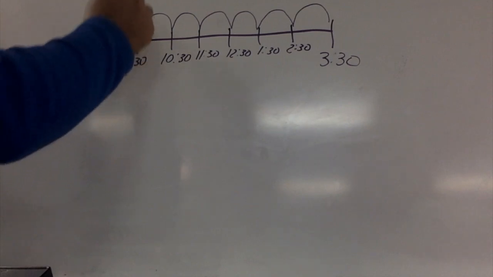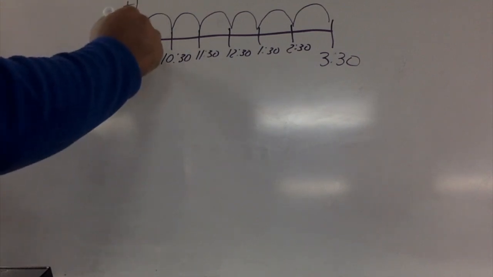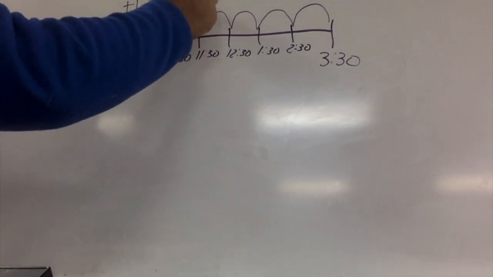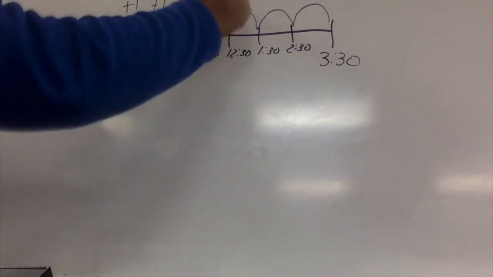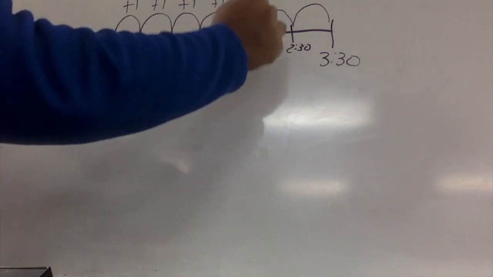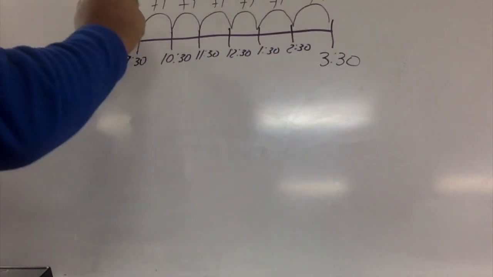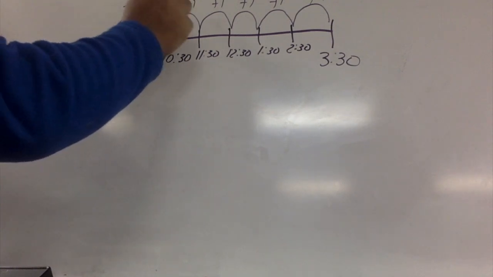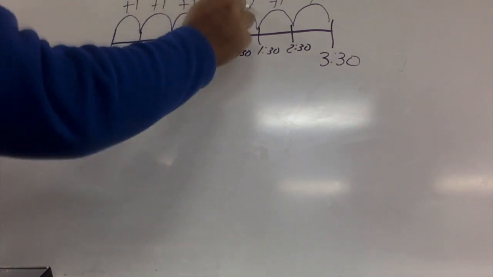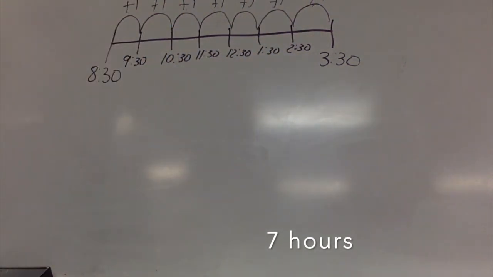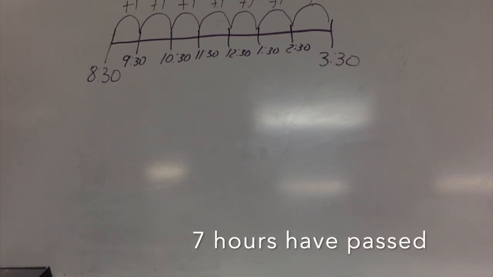From 8:30 to 9:30 is 1 hour. 9:30 to 10:30, 1 hour, plus 1. We have 1 hour, 2 hours, 3 hours, 4 hours, 5 hours, 6 hours, 7 hours. From 8:30 to 3:30, we have 7 hours. So under elapsed time, you would say 7 hours have passed.